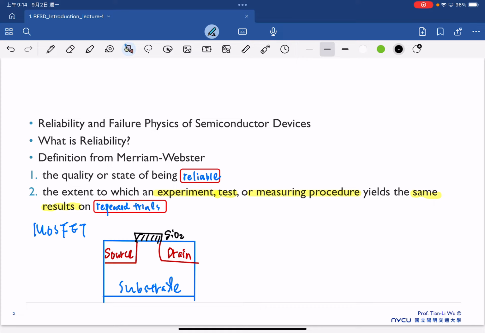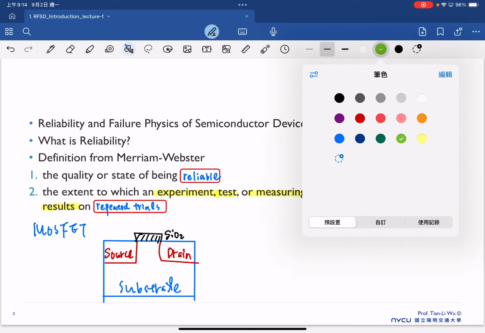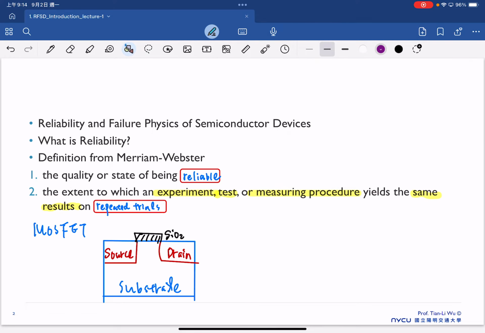Okay, so on top of the substrate and source drain, we will usually have the silicon dioxide, and on top of the silicon dioxide, we have the gate region. Usually we call this the gate metal.